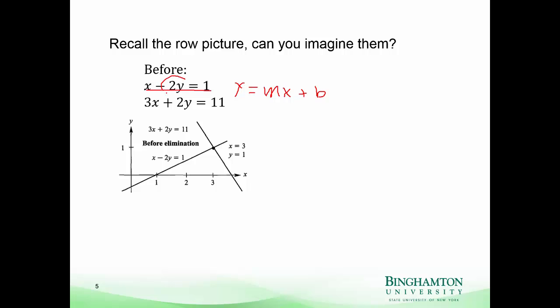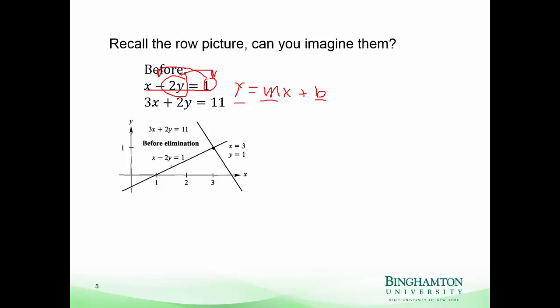So if we take this -2 and move it over to the other side, take the 1 and move it over to here, just doing simple algebra, and then divide both sides of our equation, we will isolate y, and whatever the number is that's in front of x, that's the slope of that, and whatever number we end up with out here, that's the y-intercept.